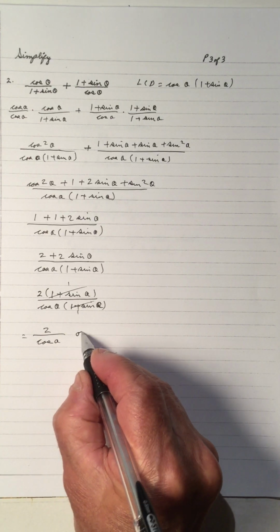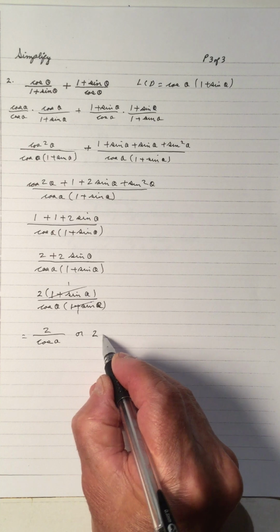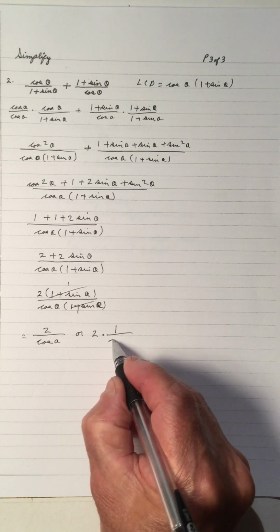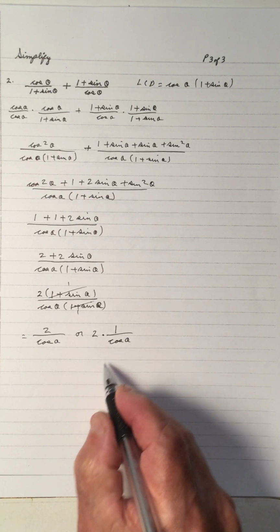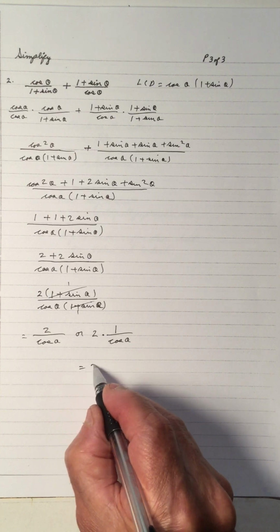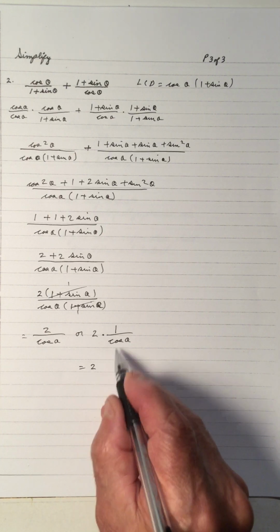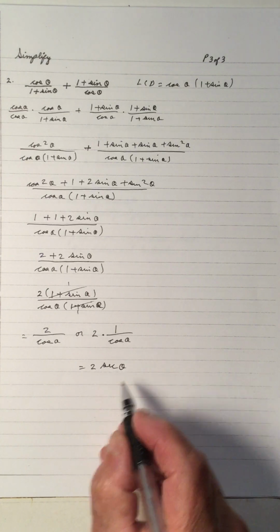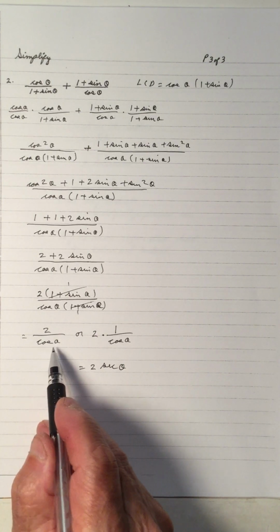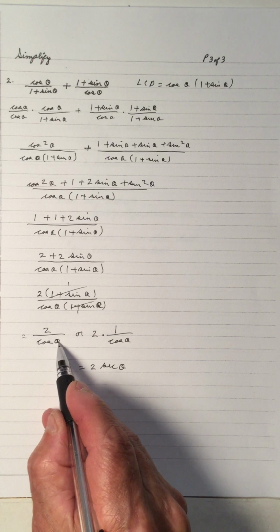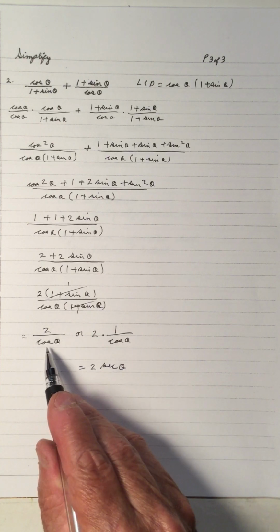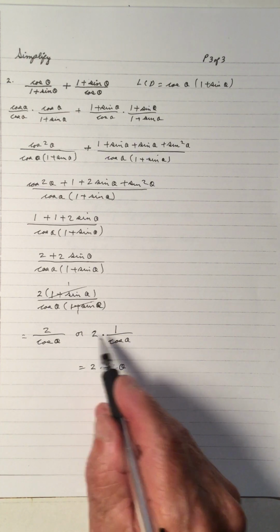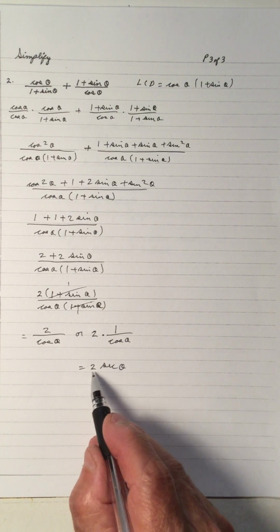Or, if you wish, you could say it as 2 times 1 over cos, and 1 over cos is secant. So you could have 2 over cos theta, but 2 over cos theta is 2 times 1 over cos theta, so that's a secant.